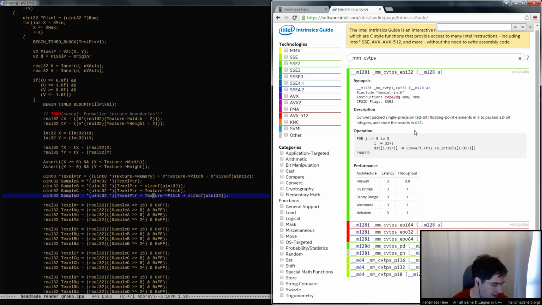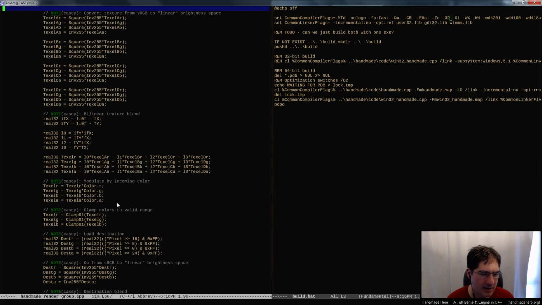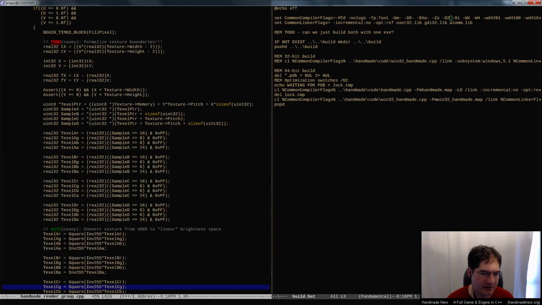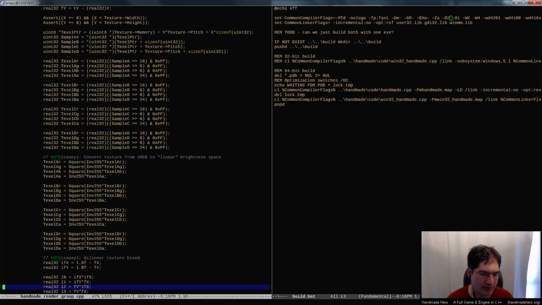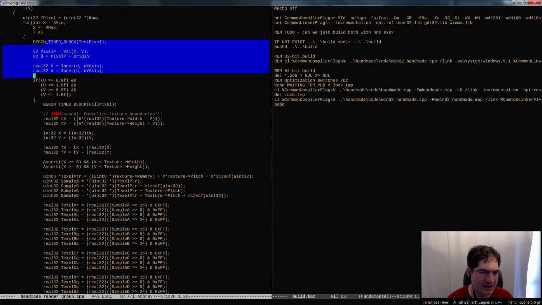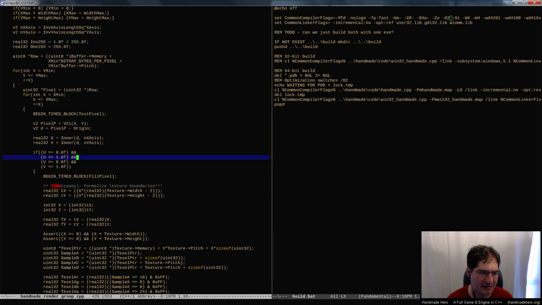Since the x-axis and y-axis are usually perpendicular, should we special case for that? In the same vein, should we special case for axis aligned? I don't know that there's all that much we have to do to special case, because if you look at this, all of this work is what we have to do per pixel. So saving on the special case for axis alignedness is just not that interesting.